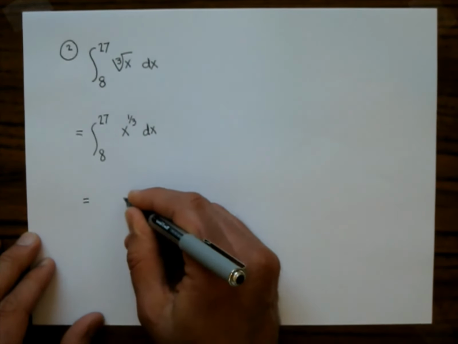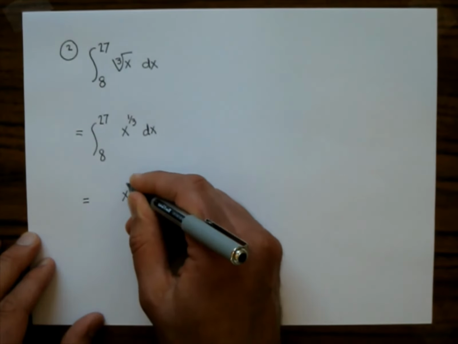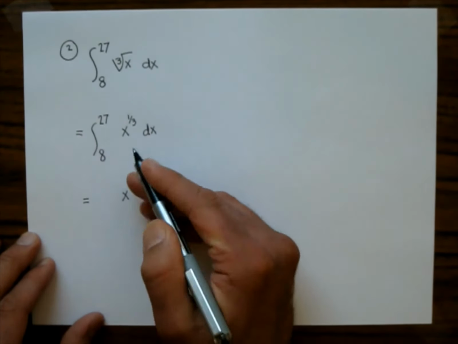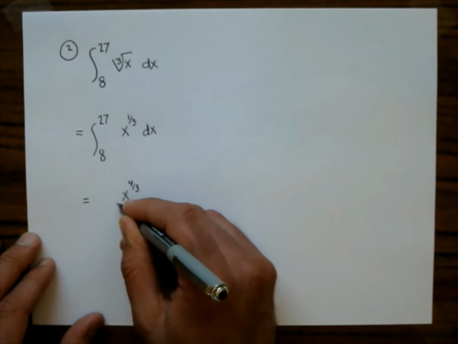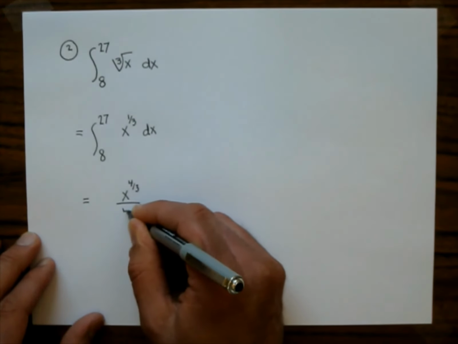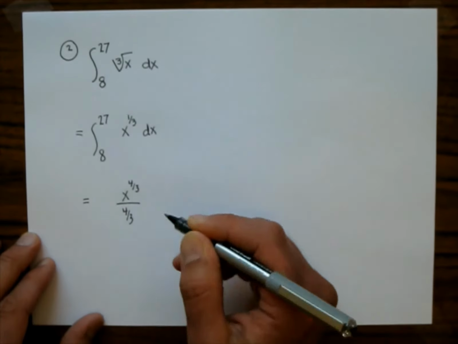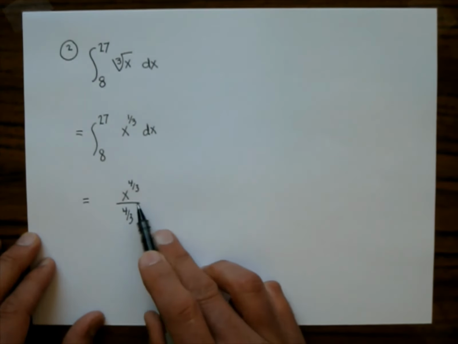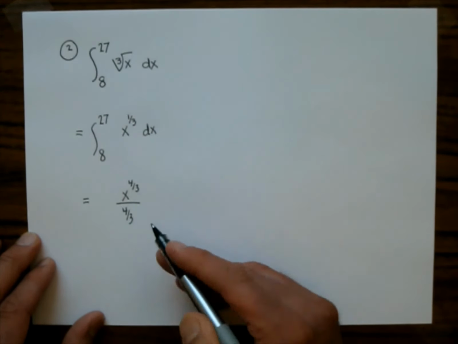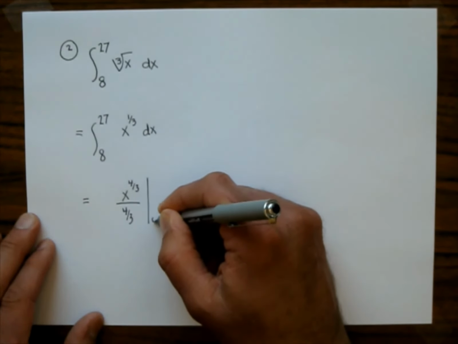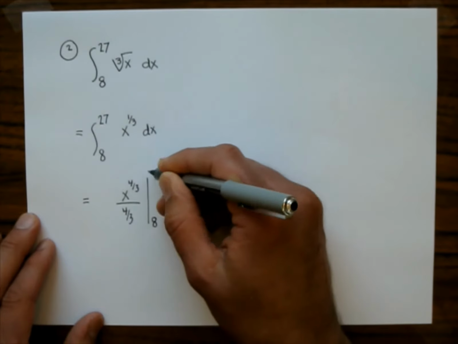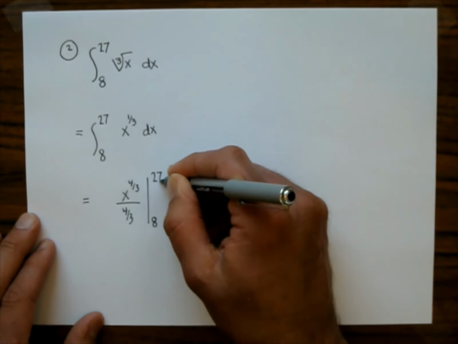So this gives me x to the, I add 1 to that, 4/3 power, and then I divide it by 4/3. And I can take my c to be 0, and let's go ahead and put this up here. So this is kind of weird, you got to get used to this notation, 8 to 27.